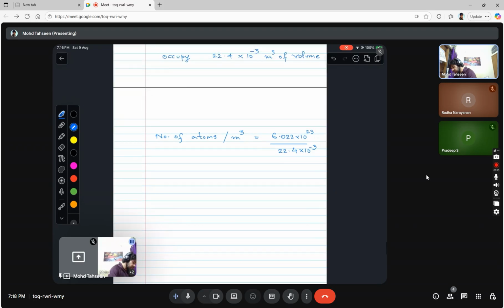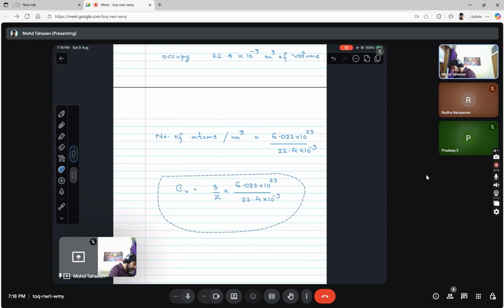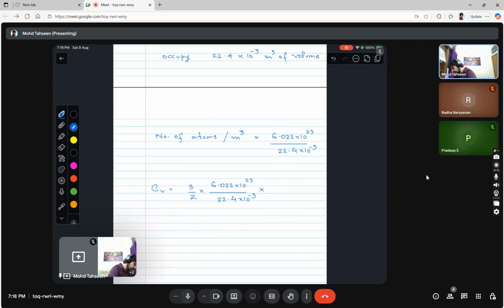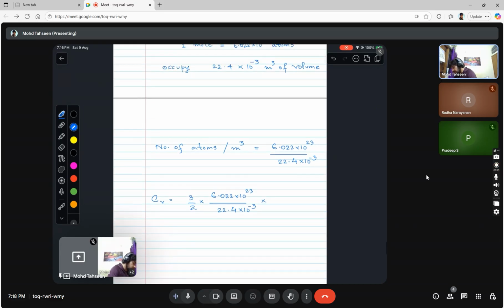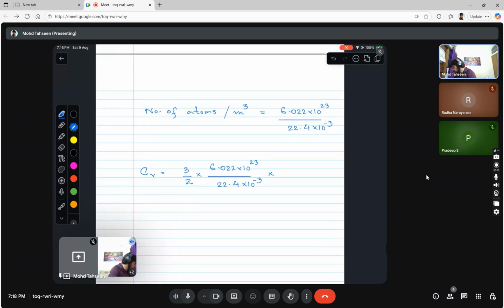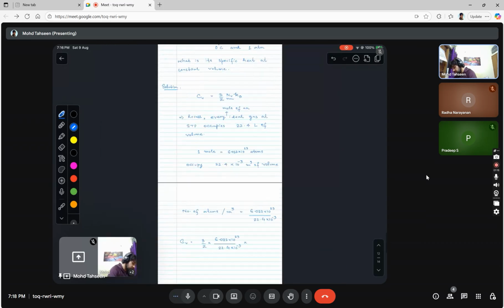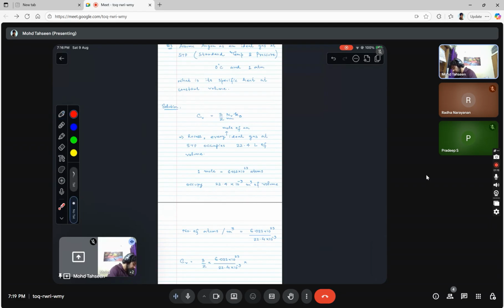Okay, and then CV will be equal to, now you can calculate it, 3 by 2 times this number times the Boltzmann constant, Kb, from here.